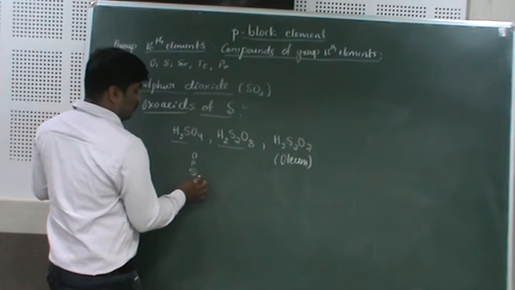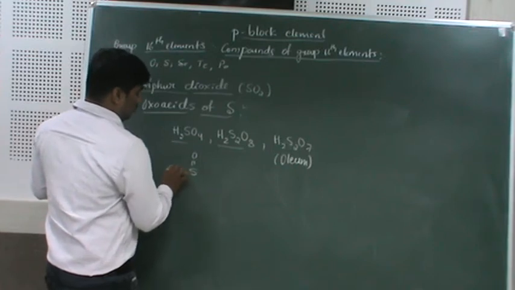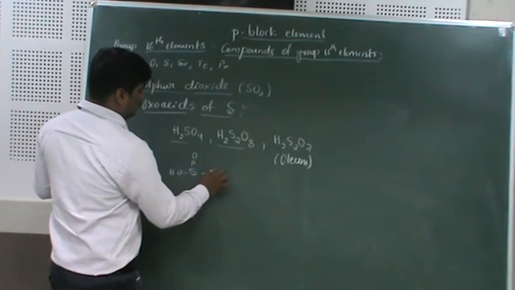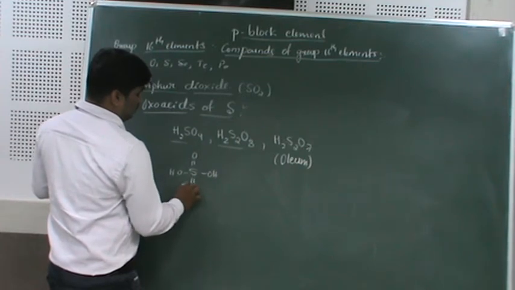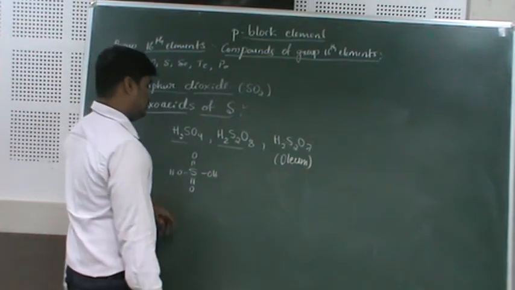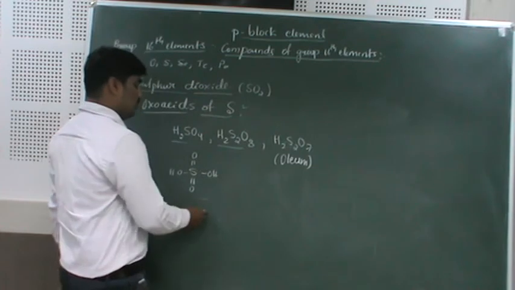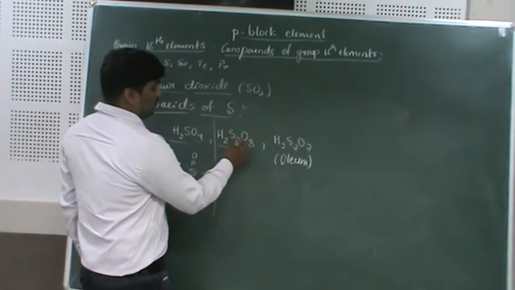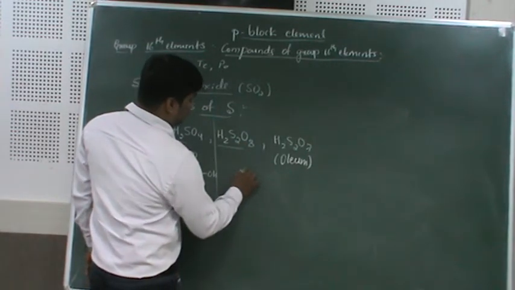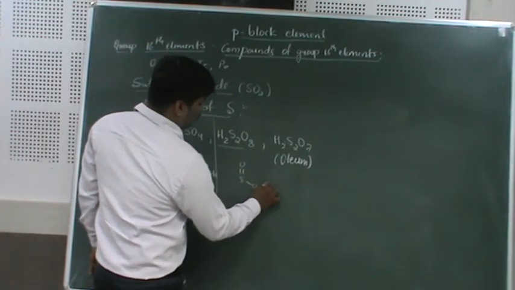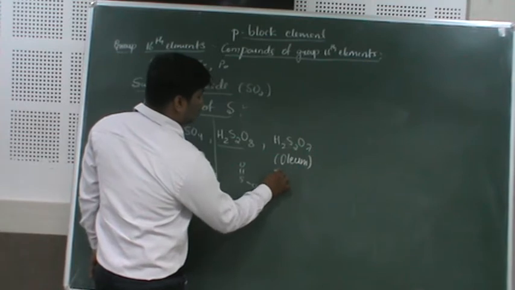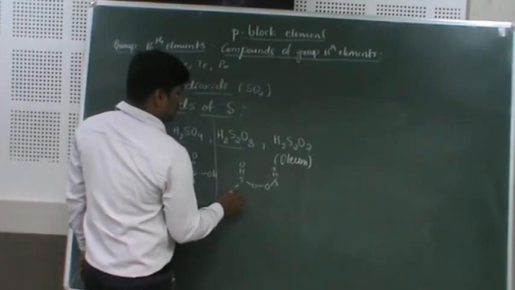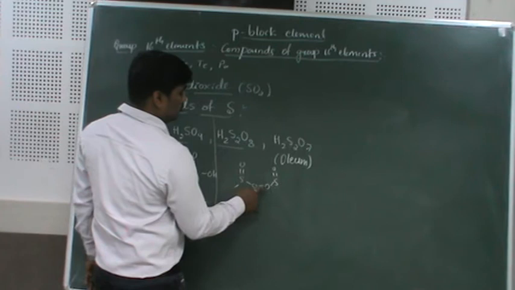H, S double bond O, OH, OH. Here again oxygen double bond. This is the structure of sulfuric acid. Next, the structure of peroxysulfuric acid. It is O, S double bond O. Here how many O? 1, 2, 3, 4.